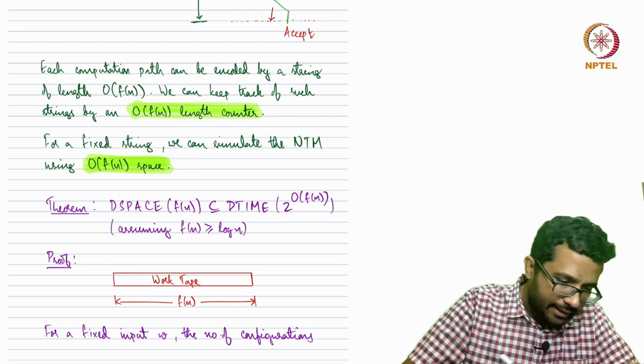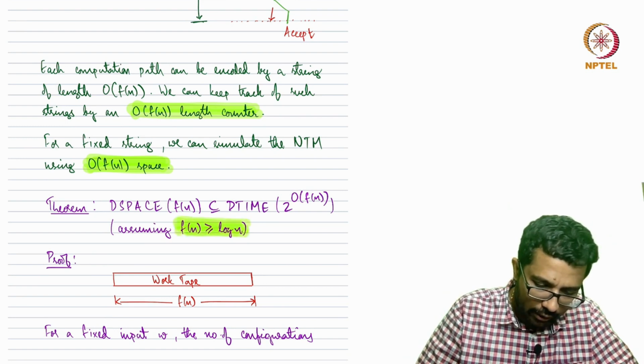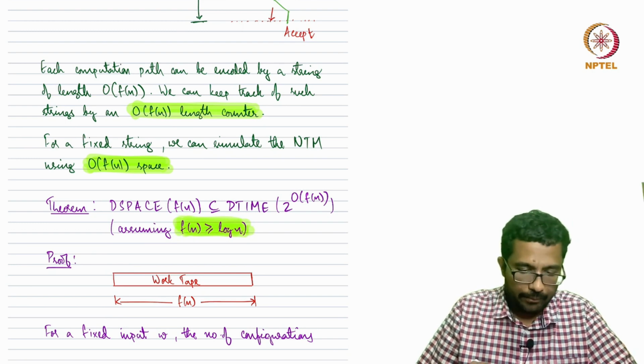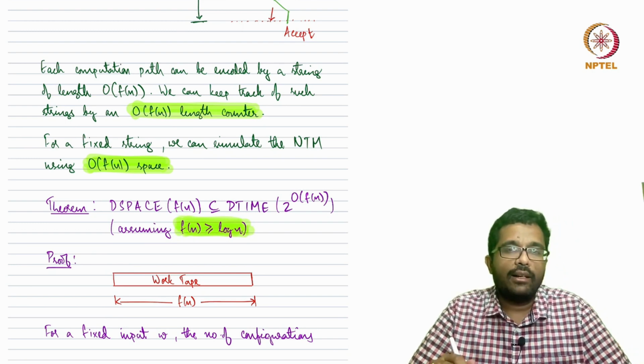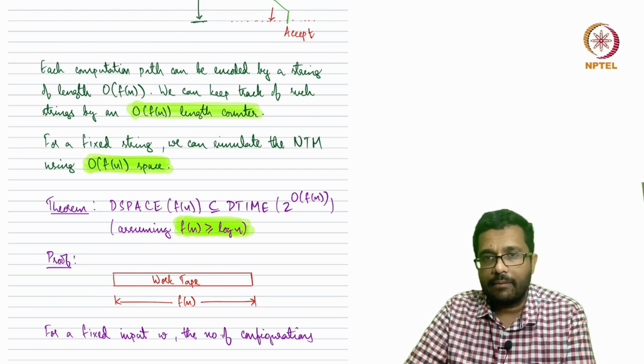We also need an assumption here. The assumption is f(n) is at least log n. This is actually an important assumption, and usually many statements in space complexity will be accompanied with this assumption.